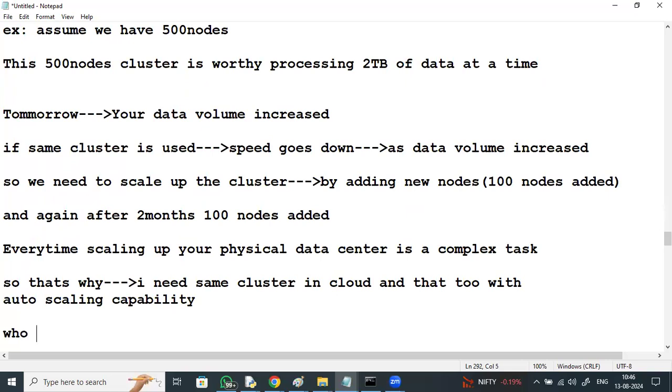Who is providing this? Databricks. Databricks is providing this.